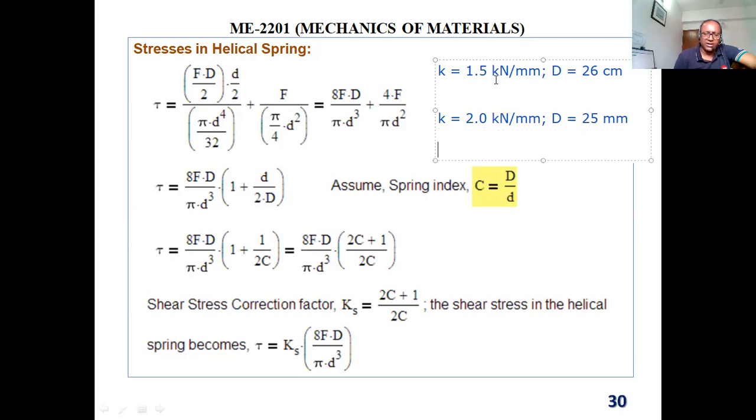Another one you might find K equal to 1.8, same unit, and D equal to 24 millimeter. So you see we are not getting an exact match. Then as an engineer, you have to decide which one you take. Either you take this one or this one.